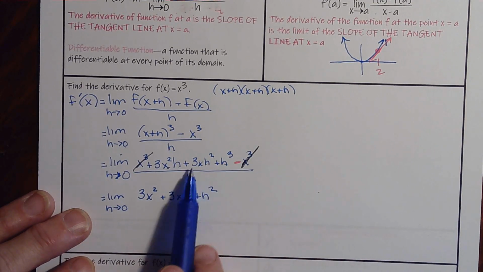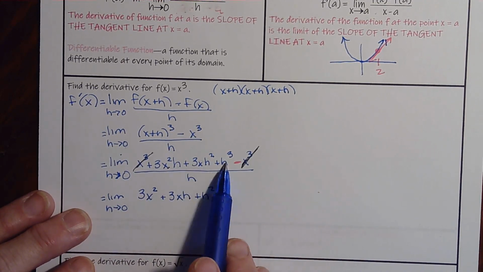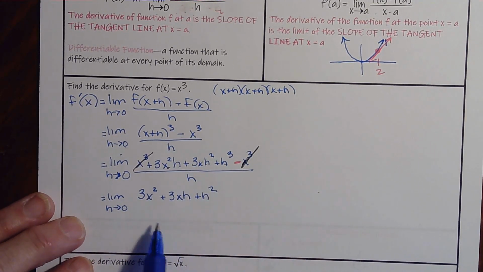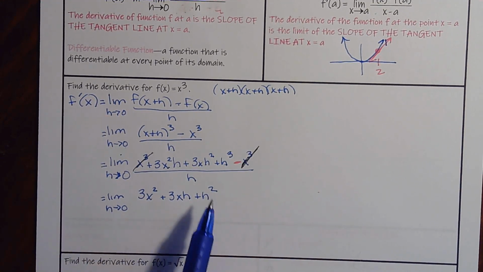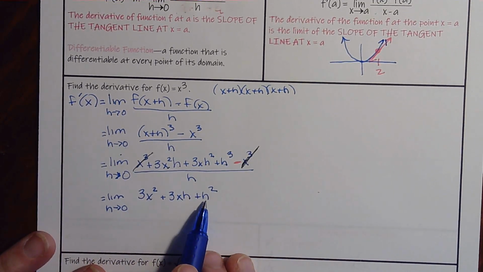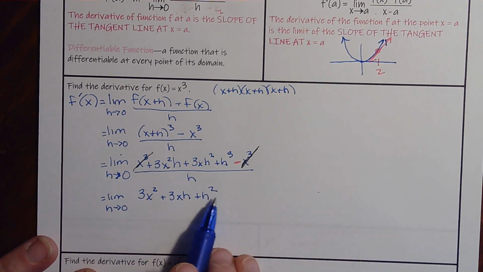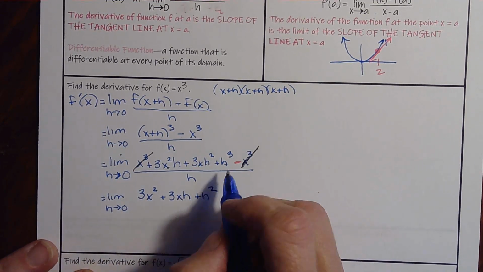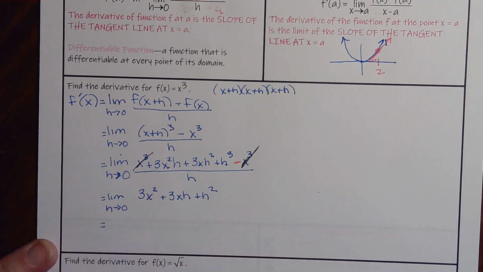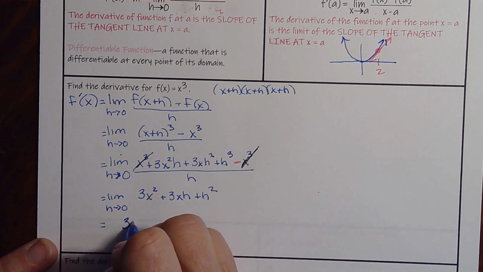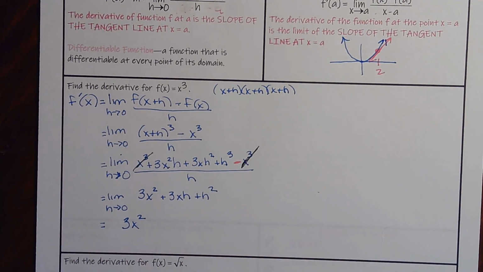That's what I'm left with when you reduce all 3 of these by an h. And so this is an expression now that I can substitute 0 for h and end up with 3x squared.